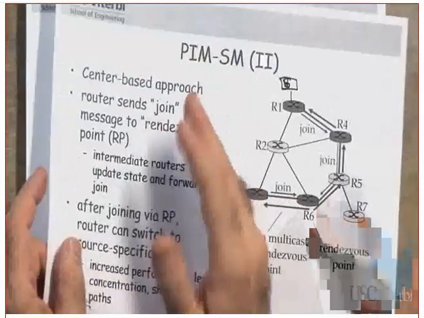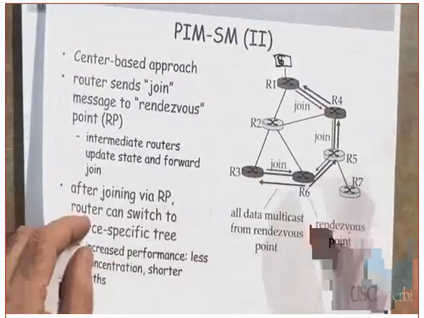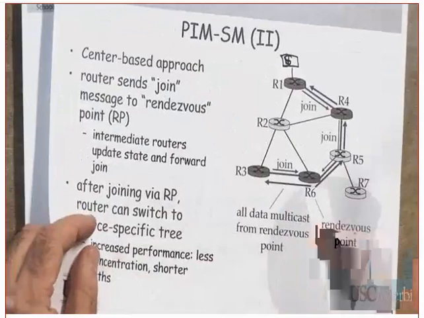Remember, in BGP, what does every BGP router advertise to its peers? His peers are the BGP routers in a different autonomous system. We studied that in BGP, he will advertise paths. He will not advertise distances, he will only advertise paths.